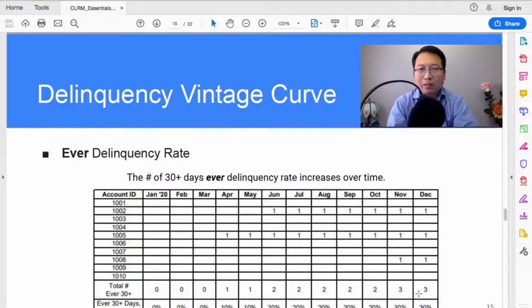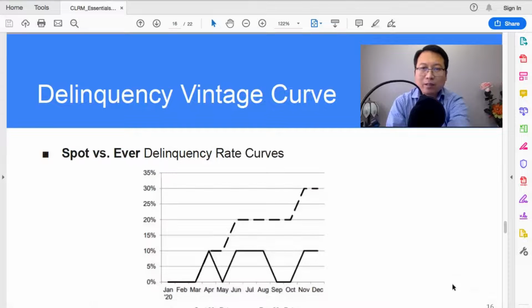Then divided by the total number of accounts, divided by 10, you have 0%, 10%, 20%, 30%. The important thing is that the ever delinquency rate is always increasing over time for a given portfolio. It doesn't come down.